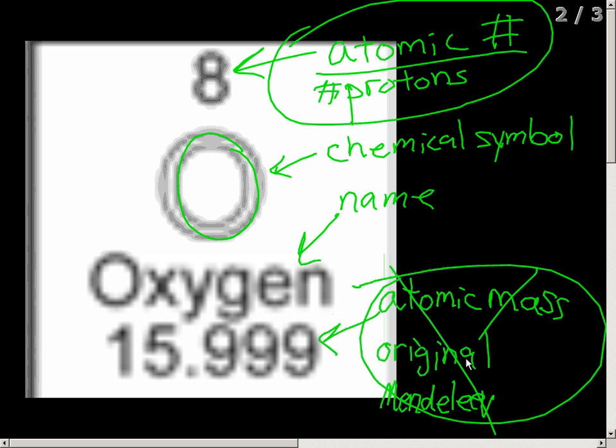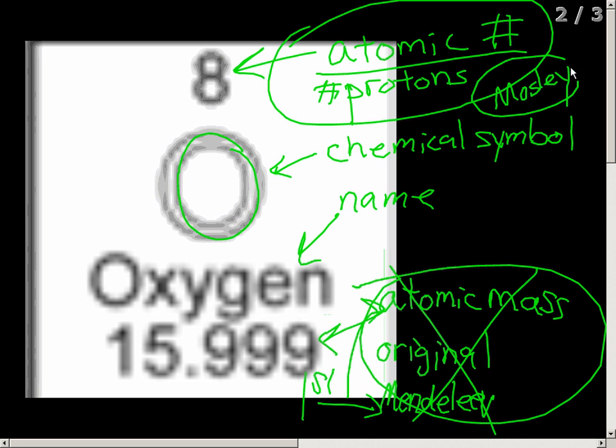We found when we organized it by the atomic number, as done by a man named Moseley, the groups and the periods lined up in a much more sensible fashion, giving us groups where every element within the same group has a similar chemical property. Just remember, the first table was done by Mendeleev, and it was based on atomic mass. Our current table was done by Moseley, and it's based on the atomic number.